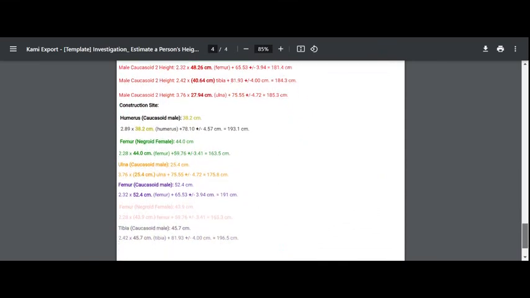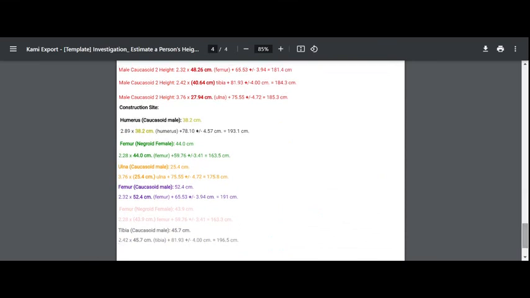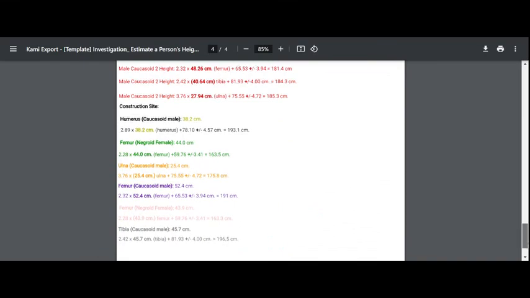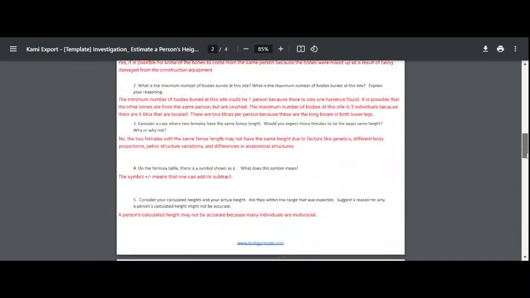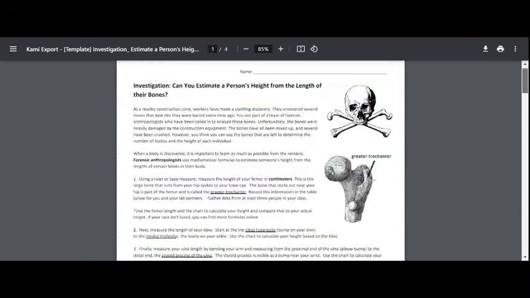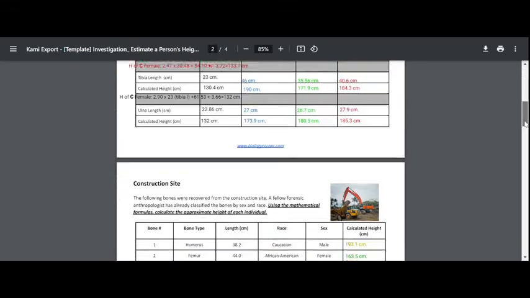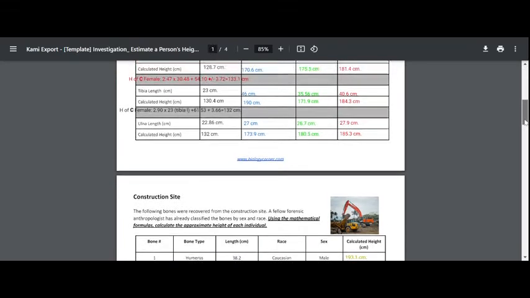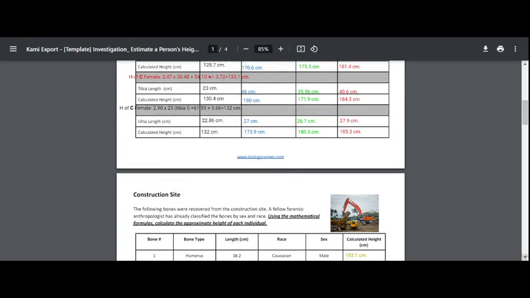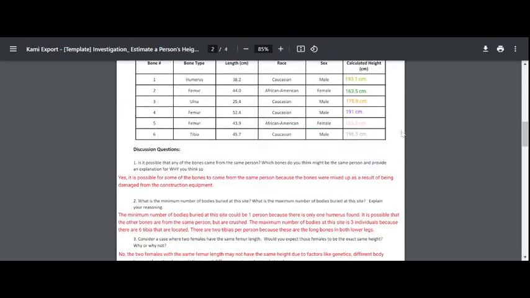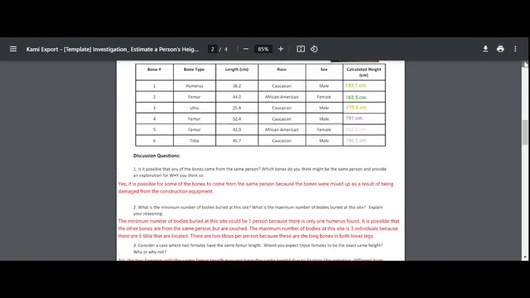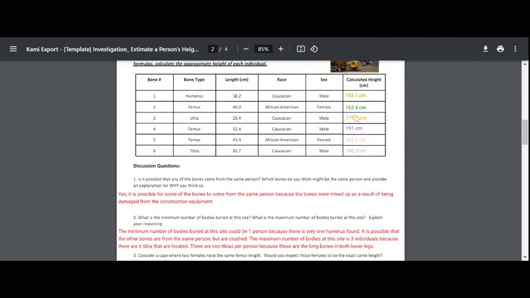Okay, so for the next one, we have a femur Caucasoid male. So let's look at that one real quick. Okay, so for this one, we have bone number 4.